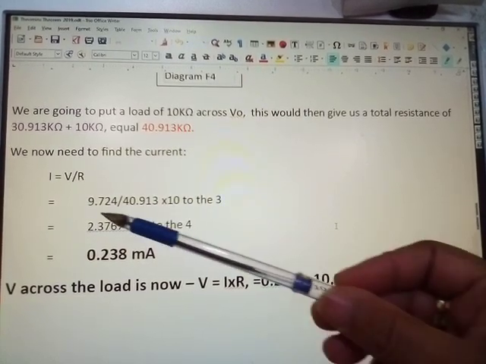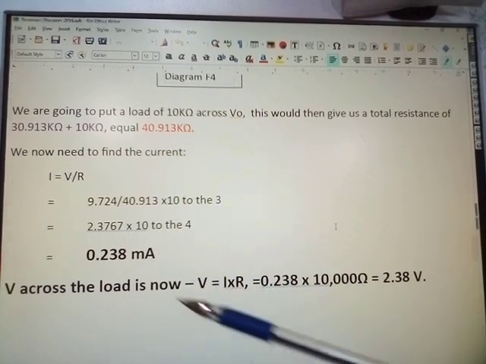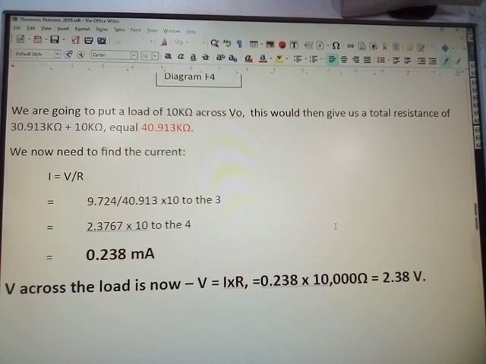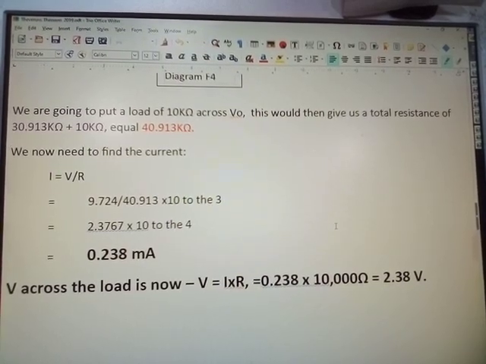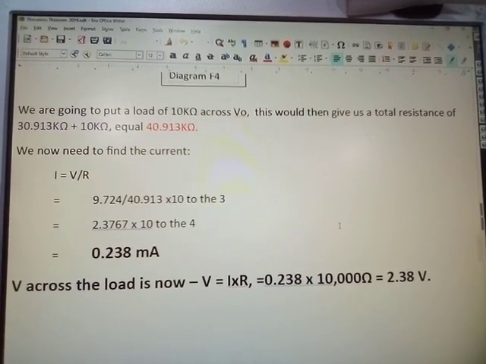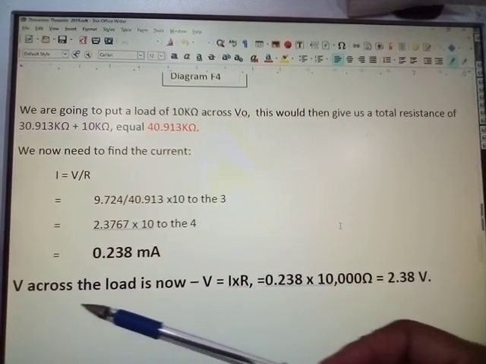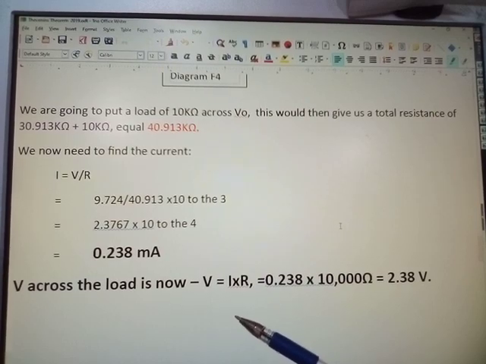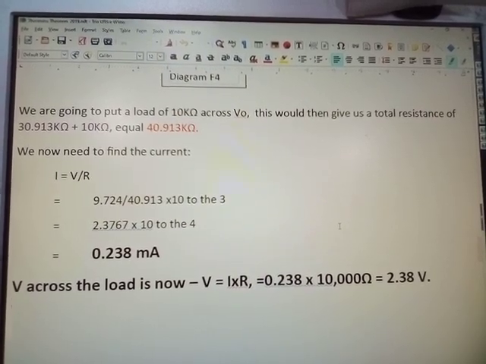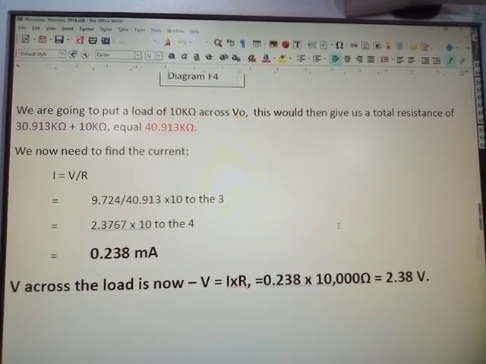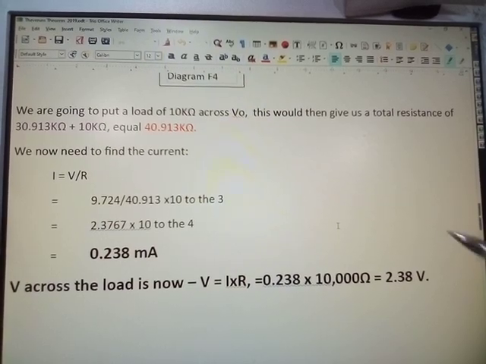But make sure you've put it into the calculator and you have arrived at something like this. Now, if you follow the formulations, there is no reason to get this wrong. Voltage across the load is now V equals I times R equals 0.238 times 10k equals 2.38 volts.